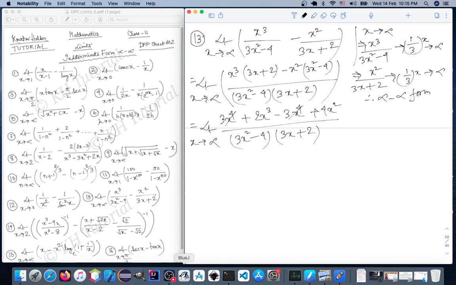Let me see if I did it right. The expression is x cube (3x plus 2) minus x square (3x square minus 4), over (3x square minus 4)(3x plus 2), which gives 3x to the power 4 plus 2x cube minus 3x to the power 4 plus 4x square.